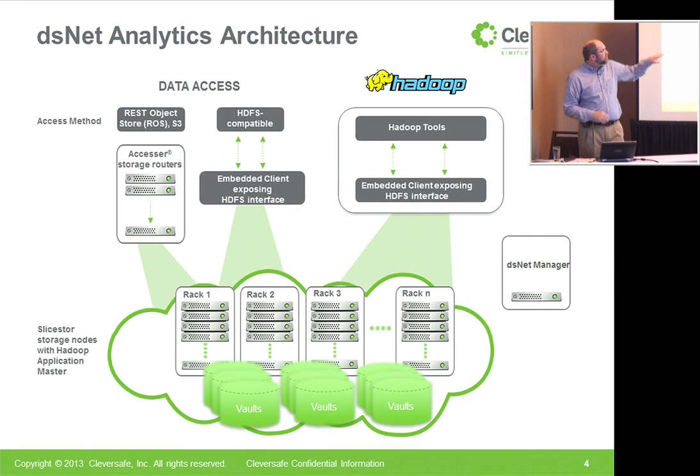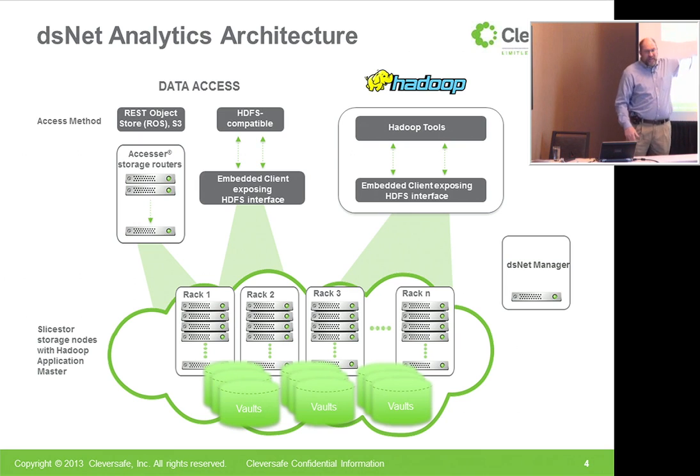So if you take the picture that Russ showed you before of just regular dsNet and add the things that dsNet Analytics brings to the party, you end up with a picture like this, where now, in addition to the multiple storage protocols that we support for all storage users, we also have an HDFS interface. So for any purpose you want to read and write data to store in a dsNet using the HDFS interface, you can.